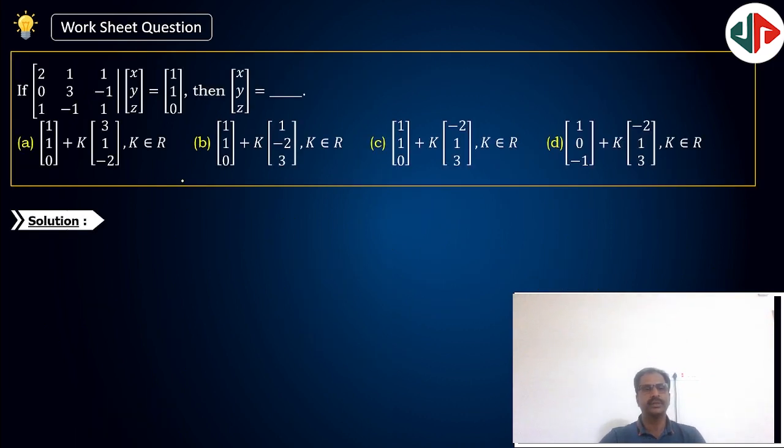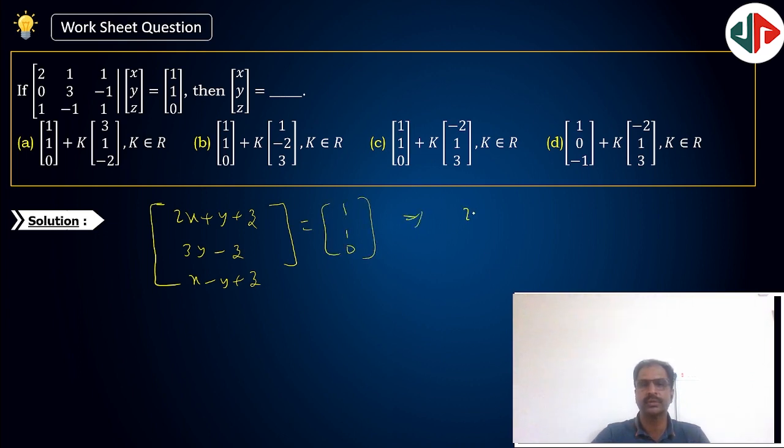Product of two matrices is given as [1 1 0]. So if you multiply those two matrices, then what do you get? 2x plus y plus z, 3y minus z, x minus y plus z. This is the product of the two matrices, which is given as [1 1 0].